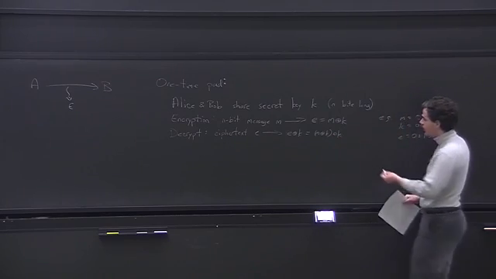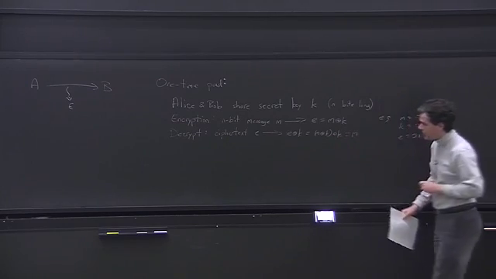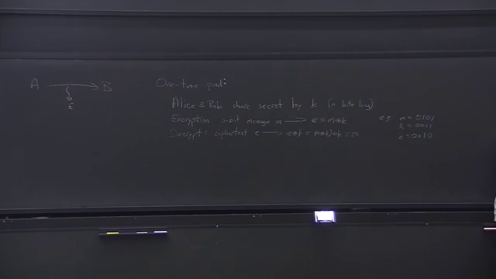Everyone knows that. And so that's the original message M again. As you can see in this case, you take the XOR here, 0, 0, 0, 1, 0, 1, 1, 1, 0, 0, 1, 1.